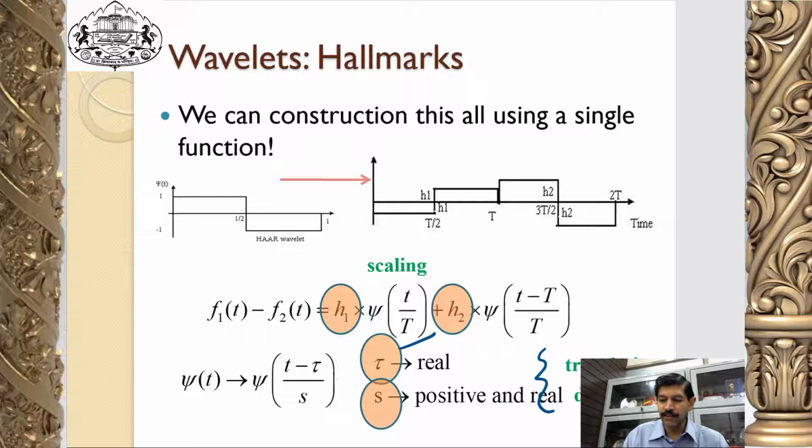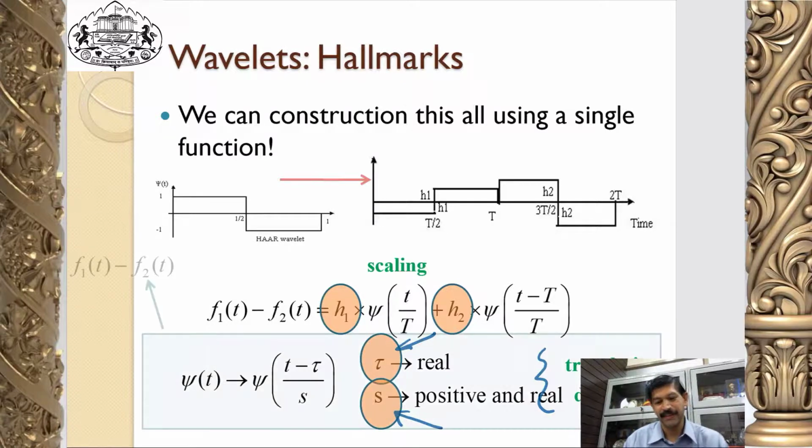So this is my translation parameter and this is my dilation parameter. Scaling, translation and dilation together can actually result in the construction of any signal using just that one single wavelet kernel. And that is the power of the wavelet basis function or kernel function.